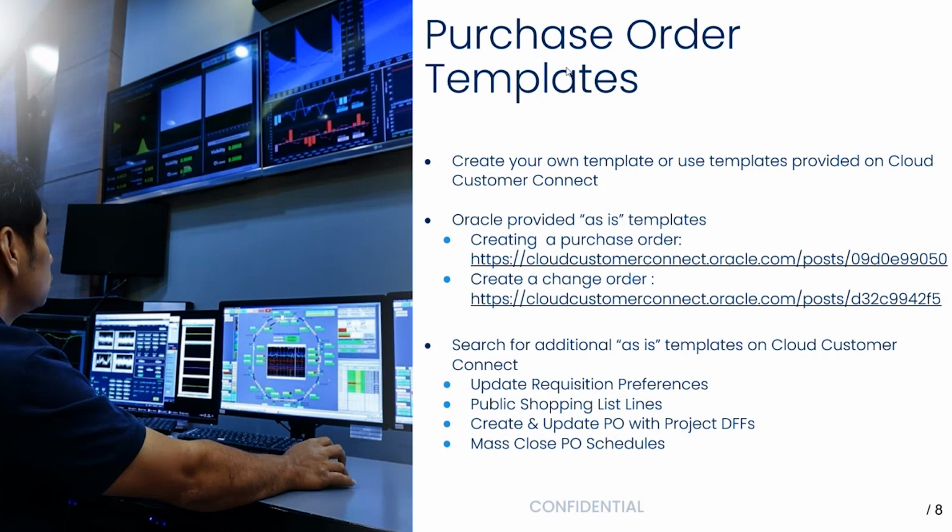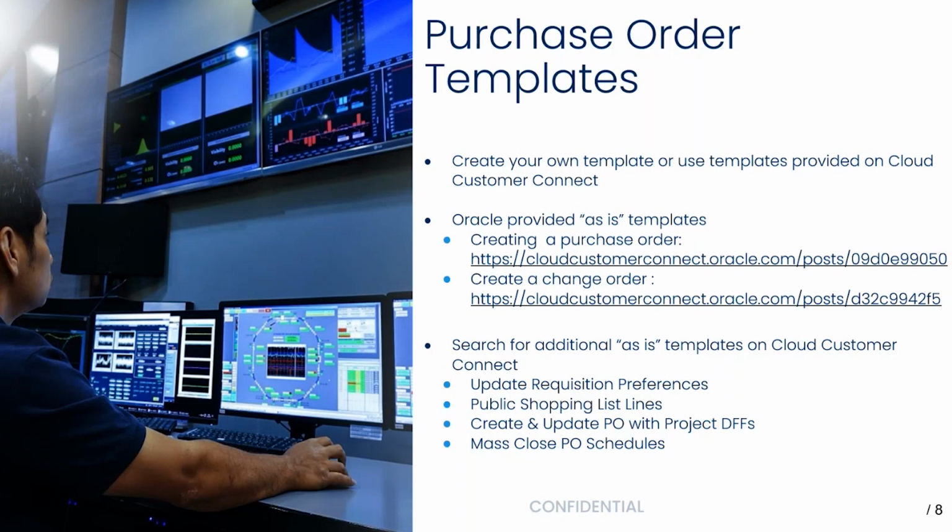So if you wanted to download the as-is template, you can do that by going to this particular link on Cloud Customer Connect. And this link is strictly for creating a new purchase order. And then this particular link has a template for creating a change order. The scope of today's webinar is around creating a purchase order change order.